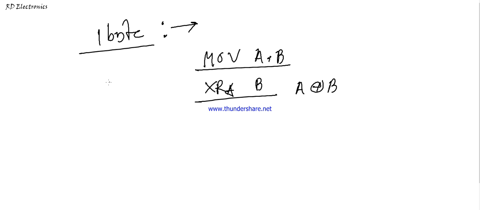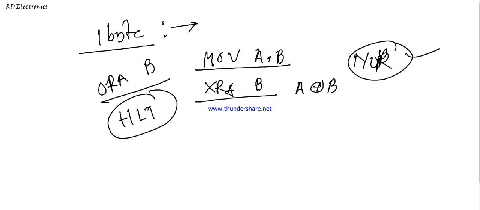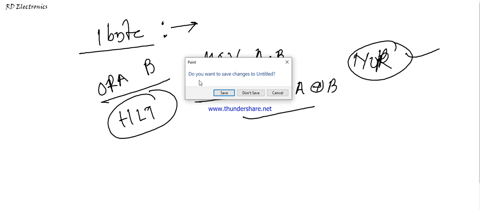Next, for example, ORA B, is also a 1 byte instruction. HLT, a machine control instruction, is 1 byte. NOP, no operation, is also a 1 byte instruction. There are lots of 1 byte instructions available in 8085.